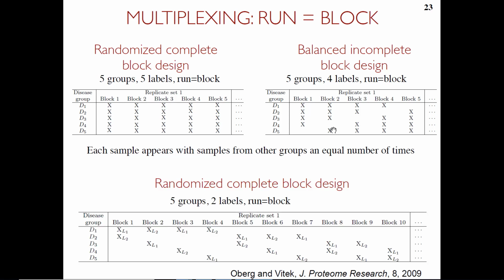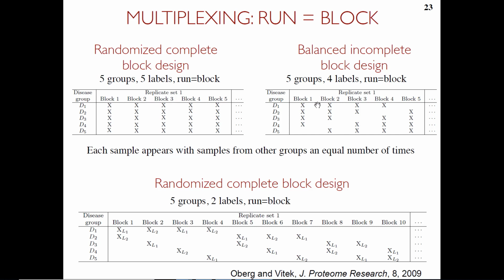And then we can do the same thing. What if we have only 2 labels? You can play with different things, but it's just for an illustration, right? So we can do the same thing again, where it's very systematic, where in each block we have unique subsets of samples missing, and each disease group will be represented with exactly the same number of replicates across the blocks. Now the difference is that here in one block we get all the groups. Here, this type of design requires us to have 5 runs.